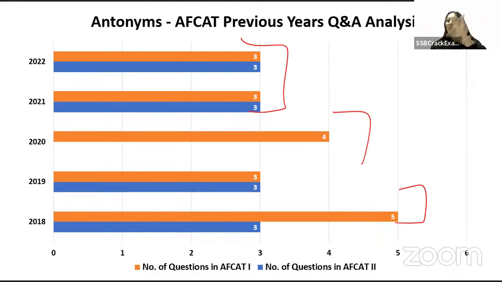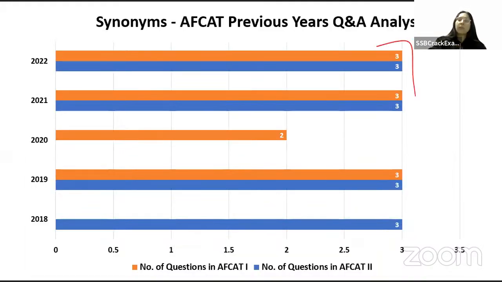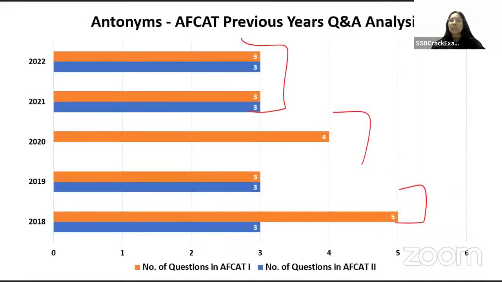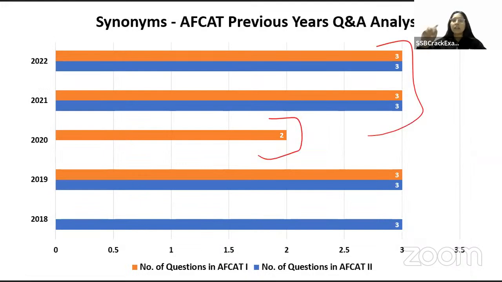So we can say 3 to 4, max 5. How many are you getting here? 3 questions. In 2020 it is 2, but all in all, mostly you get three questions, or maybe 4 sometimes. Especially for synonyms, it is only 2 here, otherwise it has always been 3 questions.